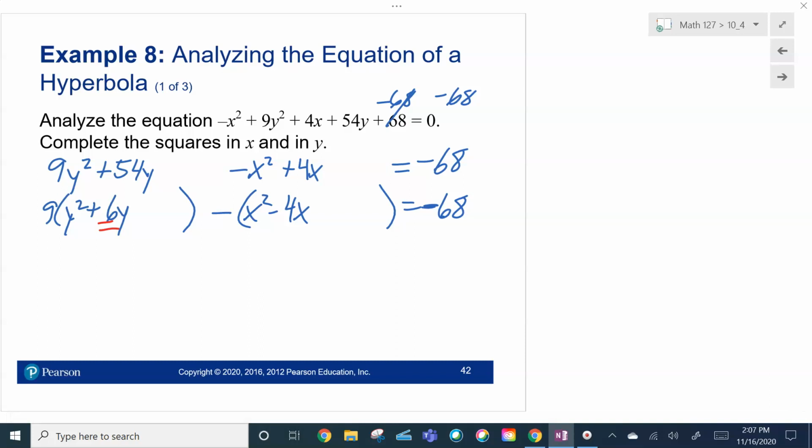So 6 over 2, 3. 3 squared, 9. I'm going to add 9 to this side. Now, I really added 81, so I'm going to add 81 to the other side. Over here, negative 4 over 2 is negative 2. Negative 2 squared is 4, so I'm going to add 4 to this side. But in all reality, I subtracted 4 from that side, so I'm going to subtract 4 from the other side. Okay. So this ends up being, what is that, 9?